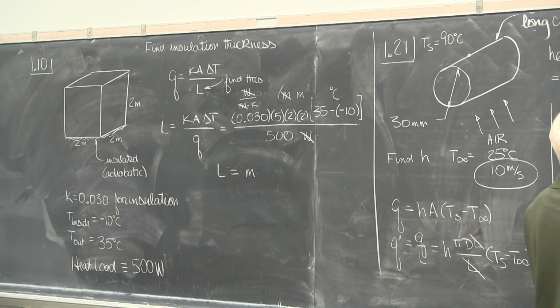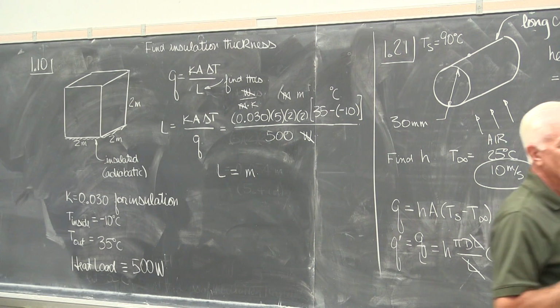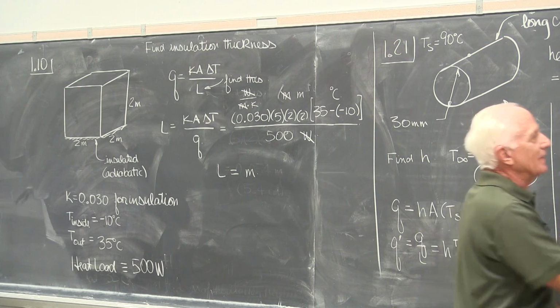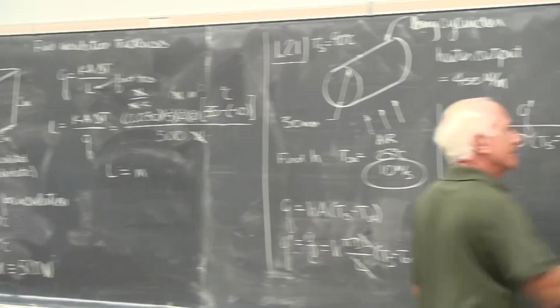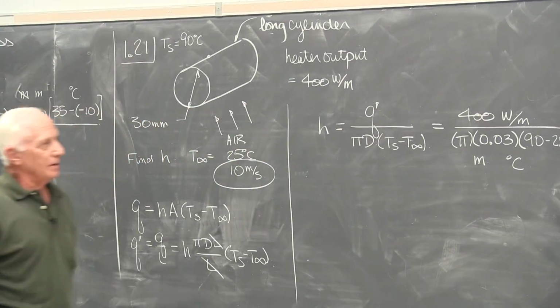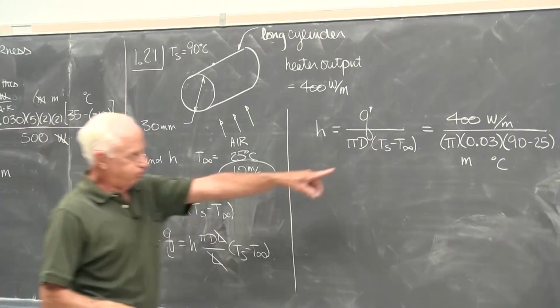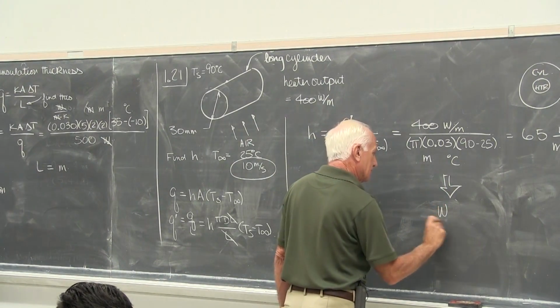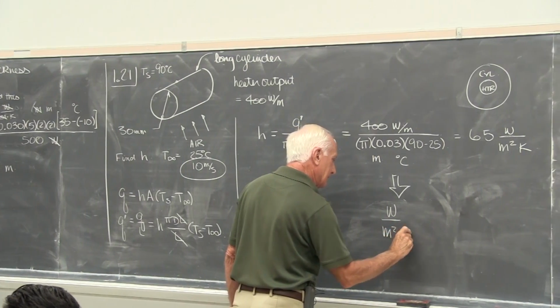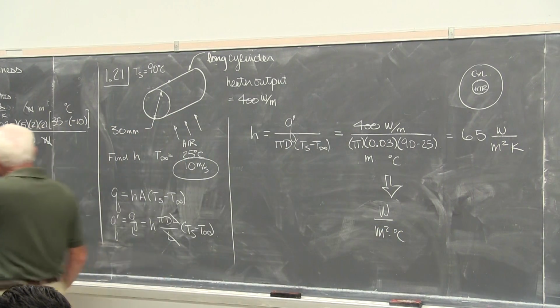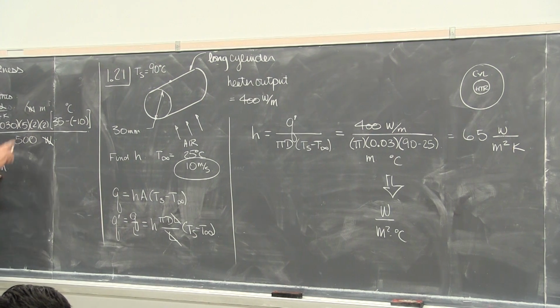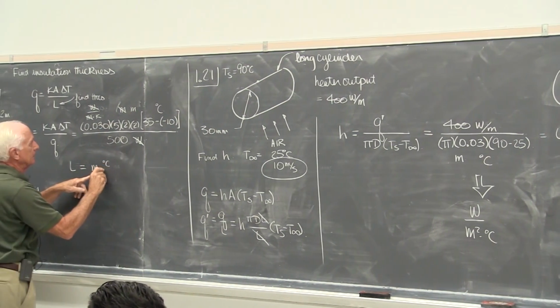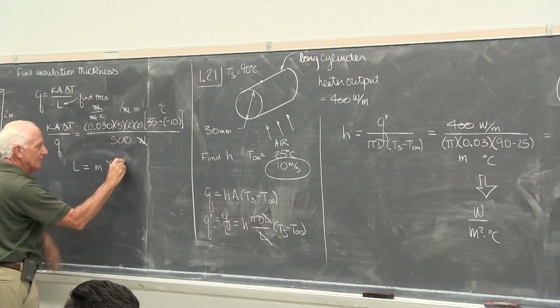Watts, dimensionless. d, meters. Degree C. I think your Q prime should be 400 watts per meter. Yeah, thank you. Watts per meter squared, degree C. Meters times degree C divided by degrees K.